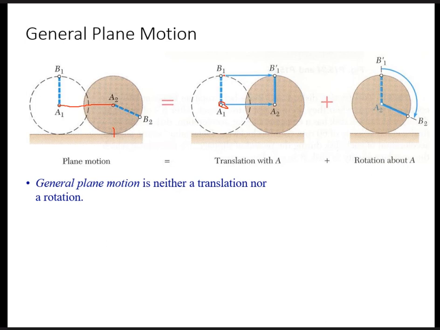Yes, sir. So tomorrow we are going to see some numericals based on this. See here, VB equal to VA plus omega k cross r. We are going to make use of this in our coming class.